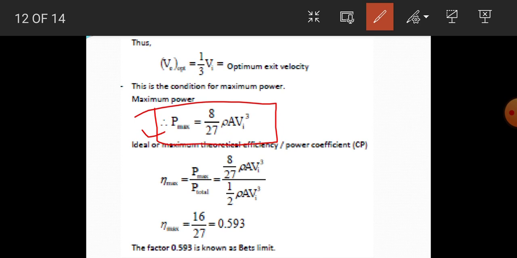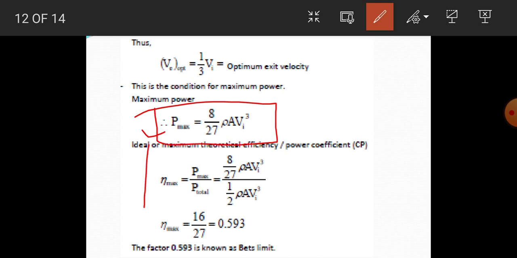So the ideal or maximum theoretical efficiency will be the maximum power divided by the total power. As we know, the total power is 1 by 2 rho A vi cube.